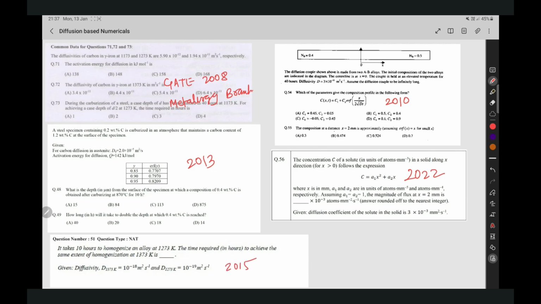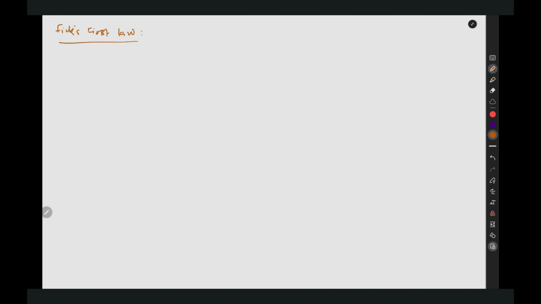So first of all we will understand the concept. First concept is Fick's first law. This is also called the steady state law.